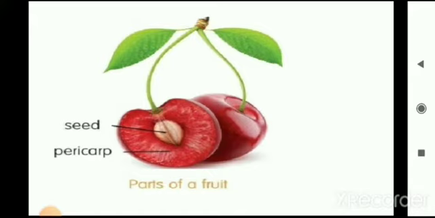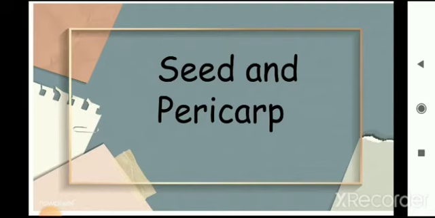If the question is asked what are the different things you can see in a fruit or what are the parts of a fruit, then you will say parts of a fruit are seeds and pericarp. Clear? What are seeds? The seed is the fertilized ovule. Note down.